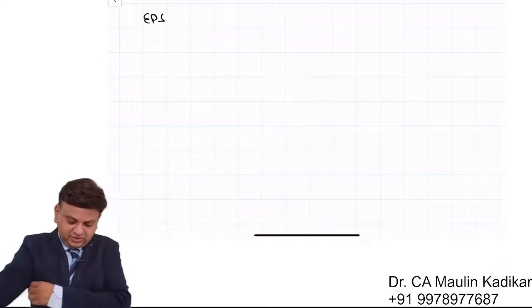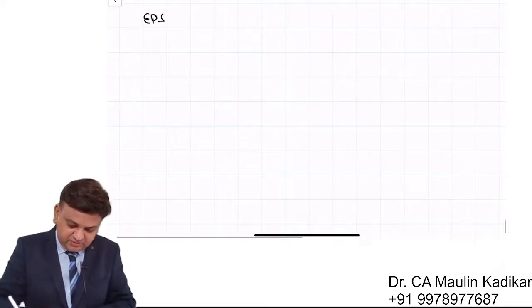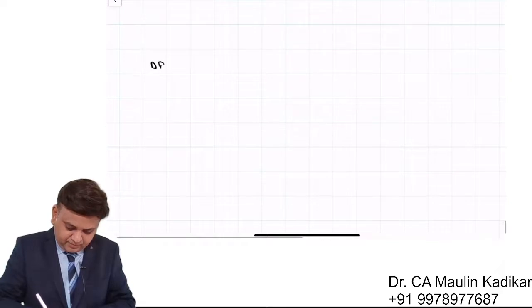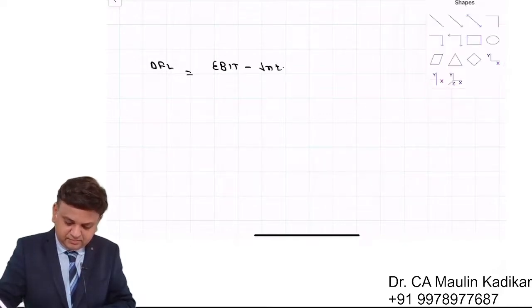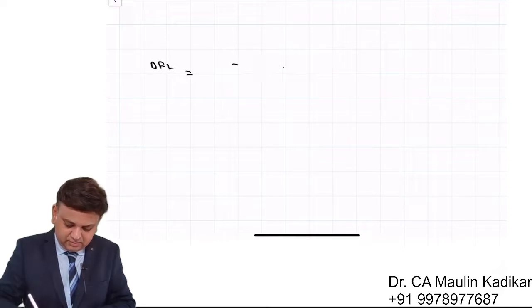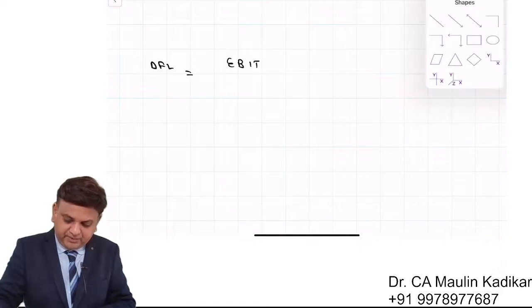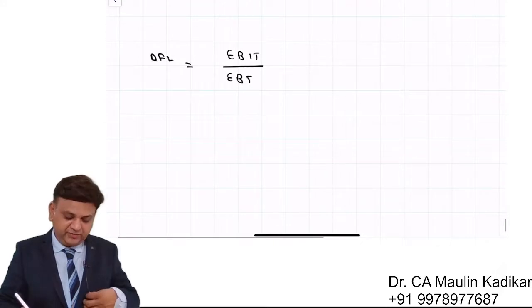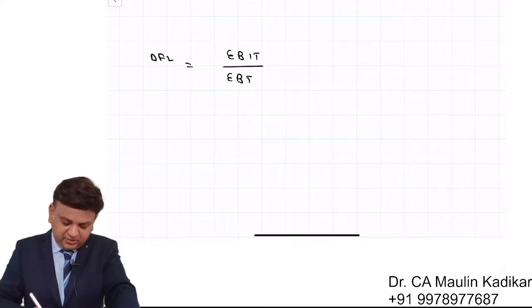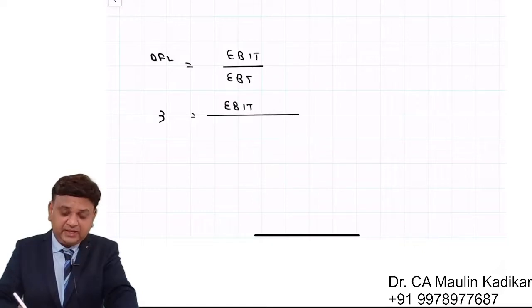Everybody is requested to pay attention. We understand that degree of financial leverage is equal to EBIT upon EBIT minus interest, that is EBIT upon EBT. Degree of financial leverage is provided to us as 3. So it is EBIT upon EBIT minus interest.